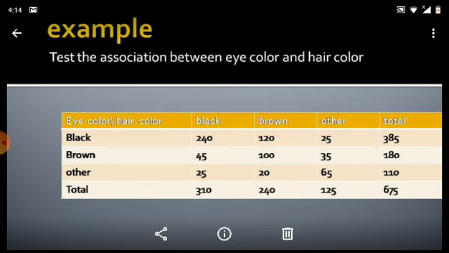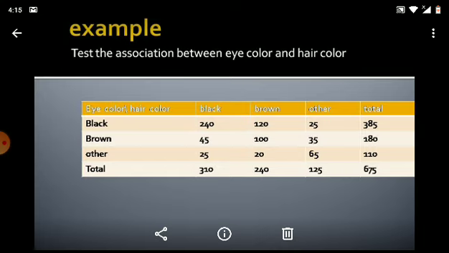You have to take the row total, that is 385, and the column total corresponding to this, that is 310. You look across and down from the value. You will multiply these both, 385 multiplied by 310, and divide the answer by the overall total, that is 675. Row total multiplied by the column total divided by the overall total.